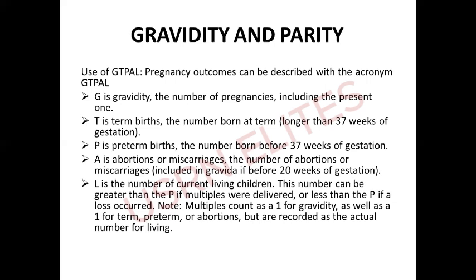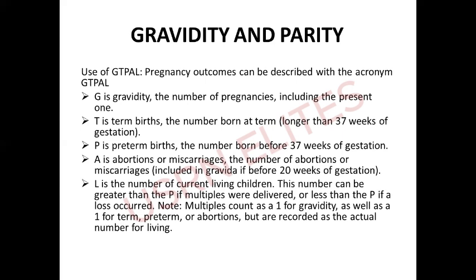If it's a twin gestation, split them into two and count them. So you are going to get two children who are living. If it was a triplet, you split the three and count them individually, so you're going to get three children who are living. You are not going to get one.